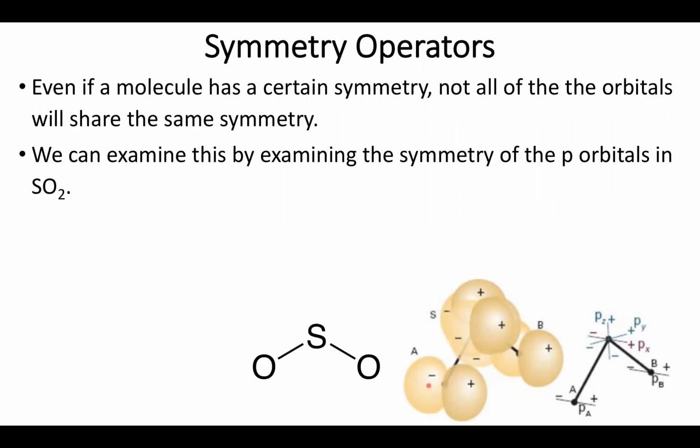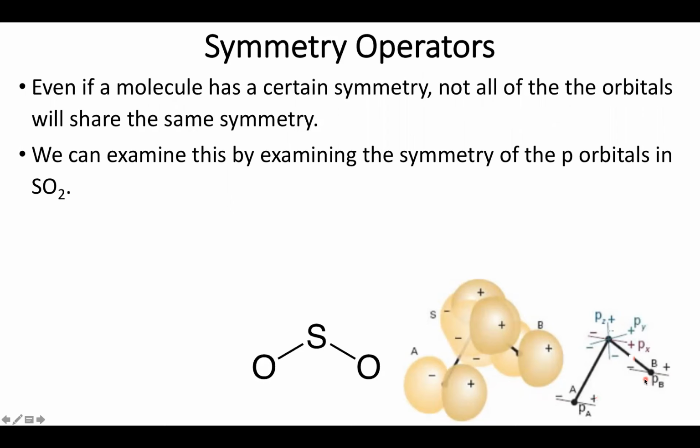So the ones we're specifically going to be looking at are the px, py, and pz orbitals on the sulfur atom, and the pz orbitals on the two oxygen atoms, which I'm going to now refer to as Pa and Pb.